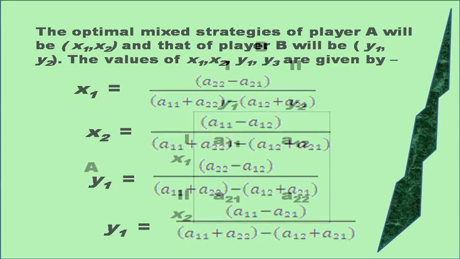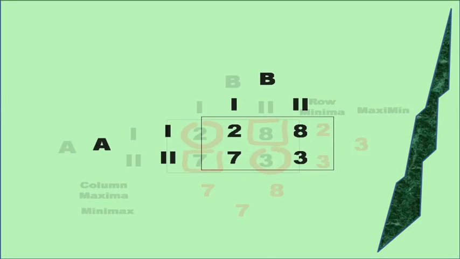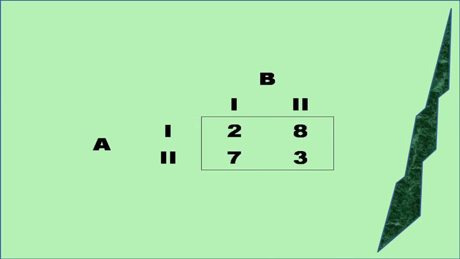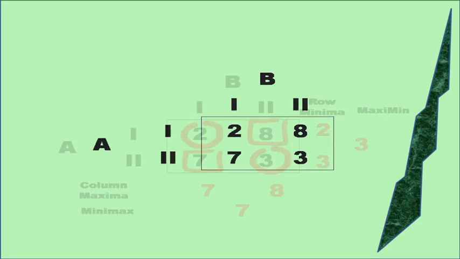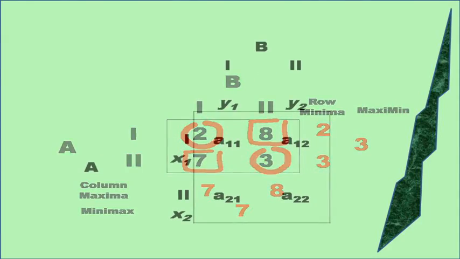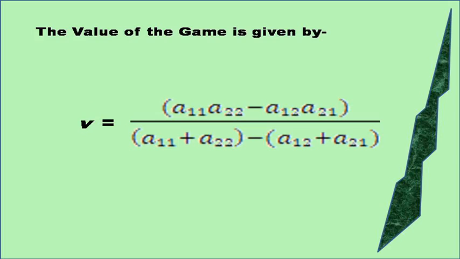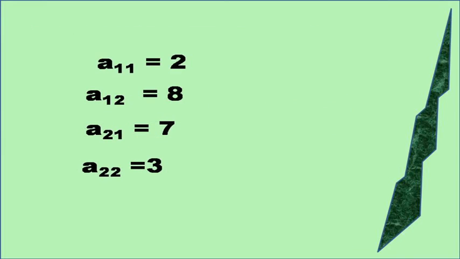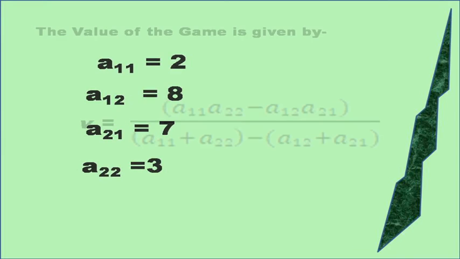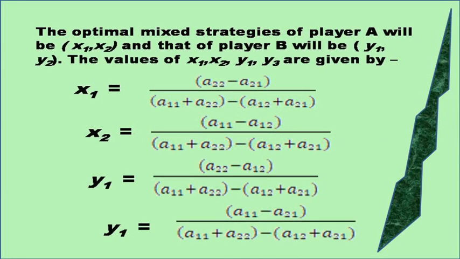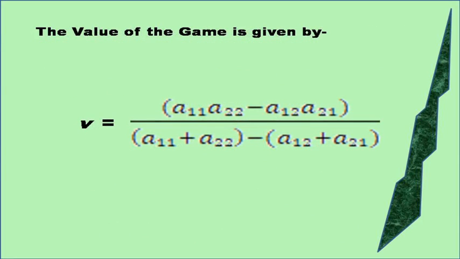Now in our given matrix, a11 is 2, a12 is 8, a21 is 7 and a22 is 3. We put these values in the formulas to find x1 and x2, y1 and y2, and the value of the game, which is given by this formula.